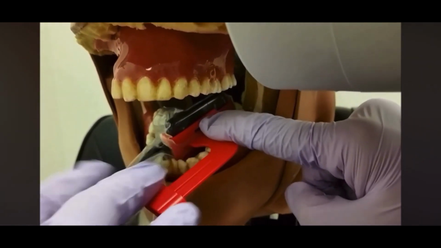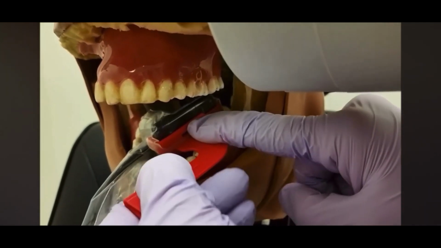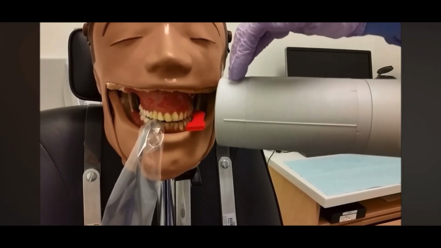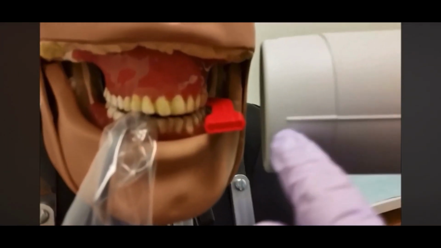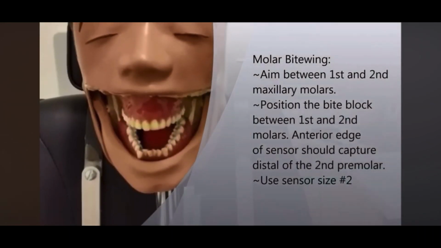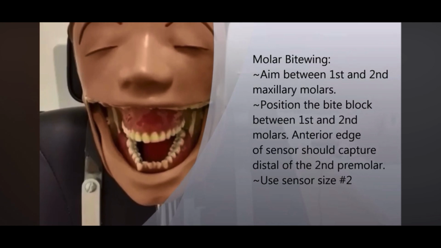I want to keep the sensor perpendicular to my central ray, but parallel to the long axis of the teeth. Putting it in the center of the mouth, I'm trying to capture the distal of the second premolar and 2 millimeters distal of the last molar in the mouth. I line my central ray to be perpendicular with the sensor.